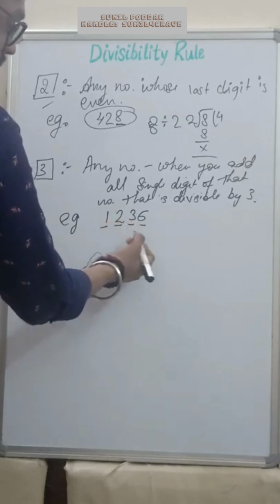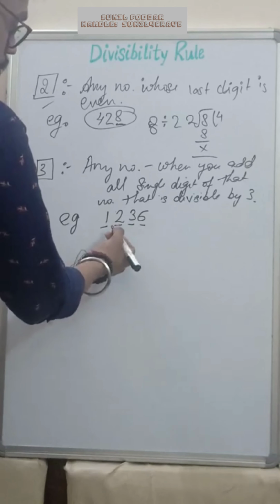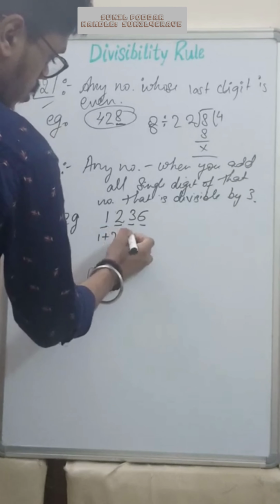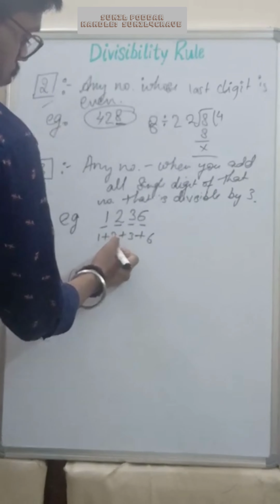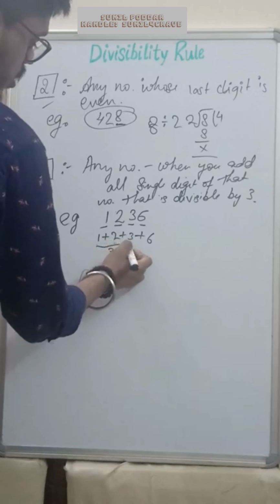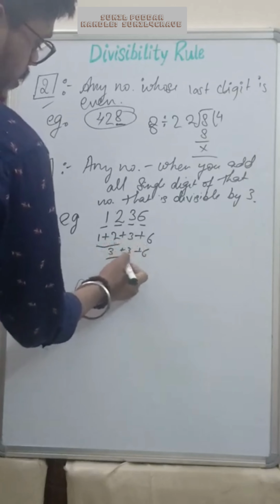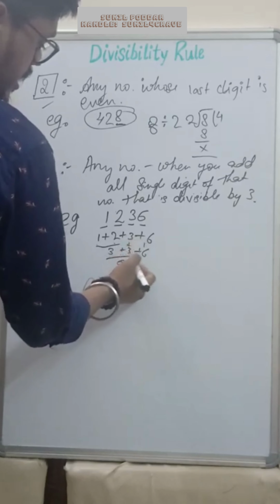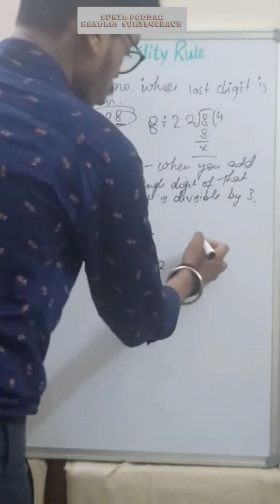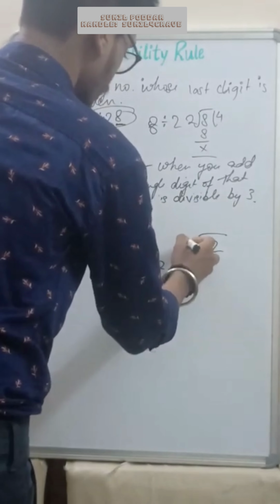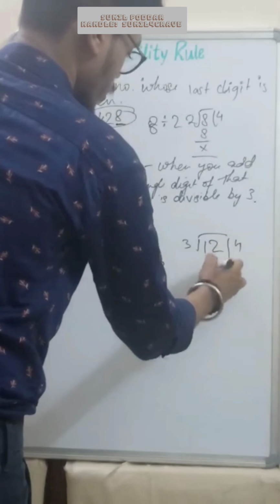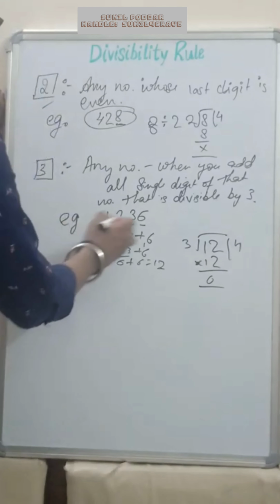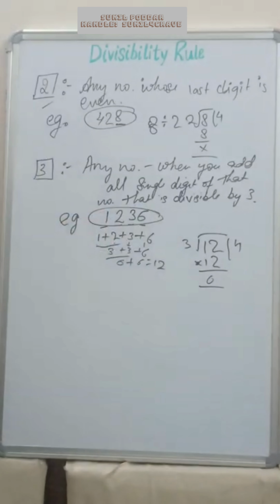Each is a separate digit, so we add them. 1 plus 2 is 3, 3 plus 3 is 6, 6 plus 6 is 12. So 12 is divisible by 3, so that number is divisible by 3.